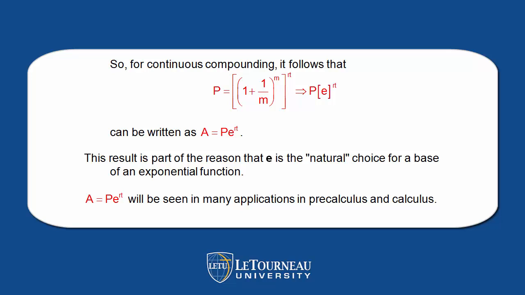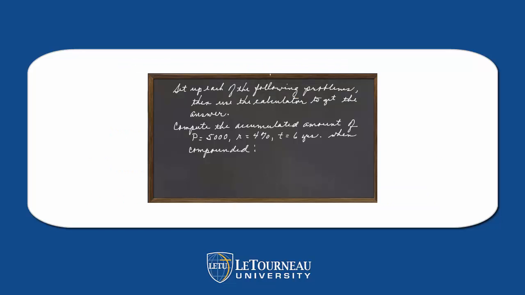So we stick that in. We raise it to the rt power, and look what we get: P times e to the rt. I bet you've seen that somewhere. This result is part of the reason that e is the natural choice for a base of an exponential function. We'll use this a lot, both in this course and in calculus.